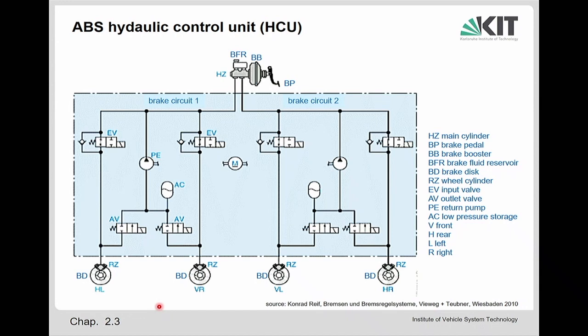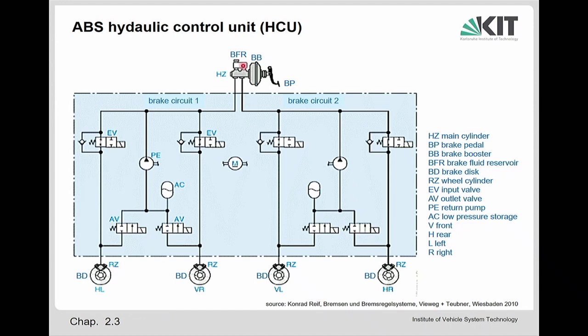And if it were front and rear, two different systems, maybe if the front braking system is out of order, then we will have only brakes on the rear, and it's pretty dangerous to make emergency braking only with the rear axle, because the car will become immediately unstable. So in order to avoid that, we have two circuits, and there's always at least one wheel at the front, and it's diagonal in order to avoid a yaw torque around the vertical axis.